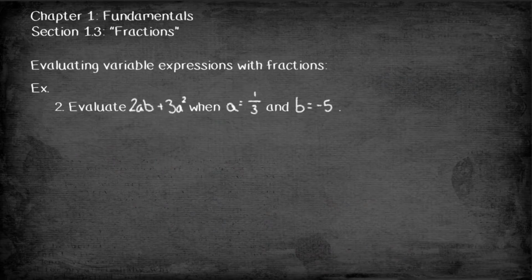And for another example, we have here 2ab plus 3a squared when a is equal to 1/3 and b is equal to negative 5. Same procedure here. So 2ab plus 3a squared.